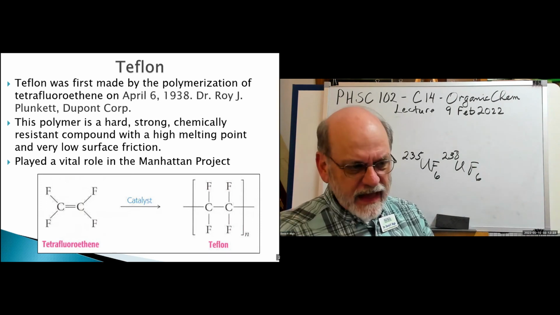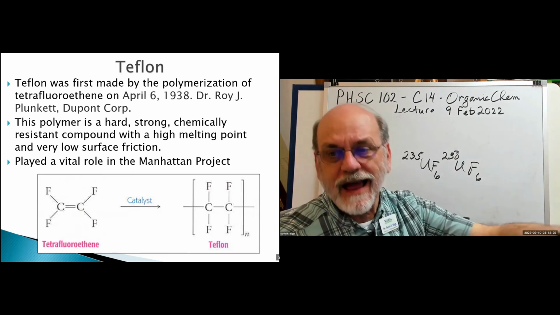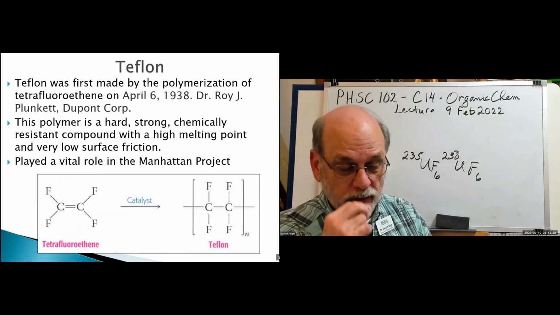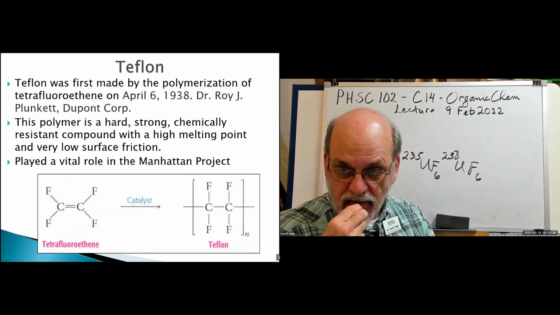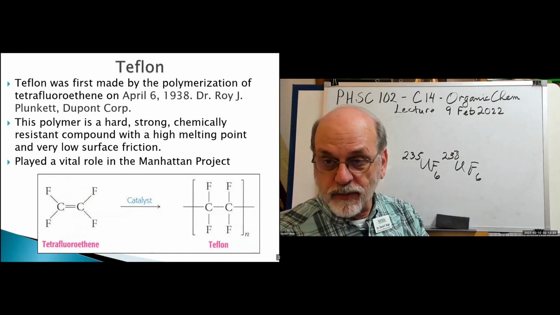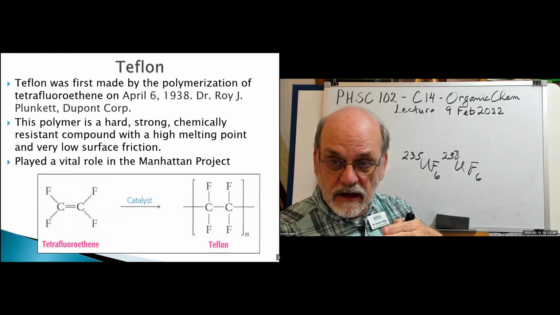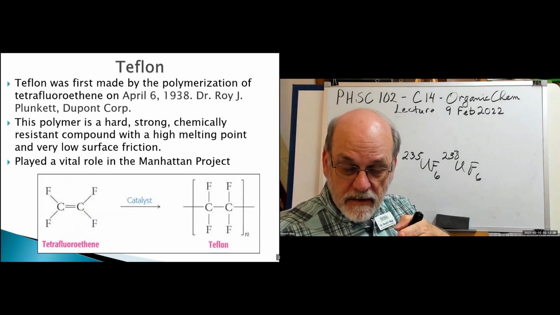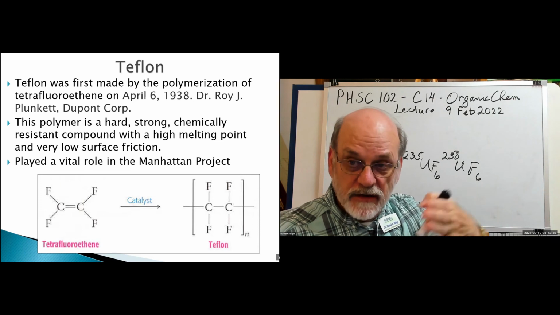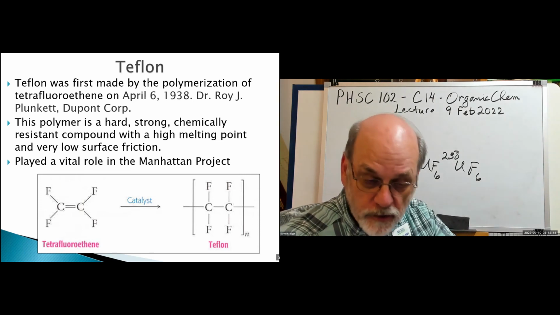And this particular one, they had stacks and stacks of these Teflon screens. They would push these gases through at high pressure, and as the gas collected on the other side they would run it through another sieve.